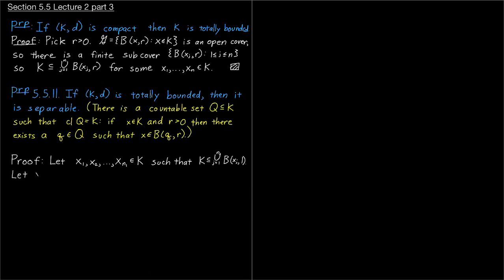Let's let x sub n1 plus 1, x sub n1 plus 2, up through x sub n2 be points in K such that K is in the union of the balls of radius 1/2. And then continue.